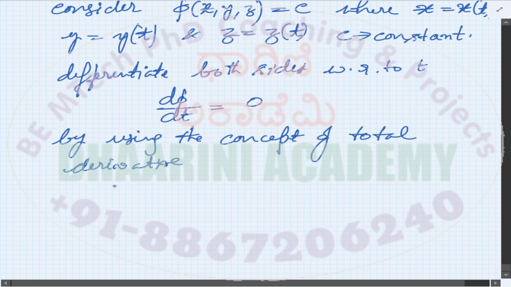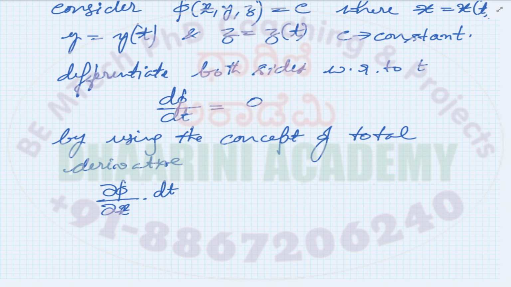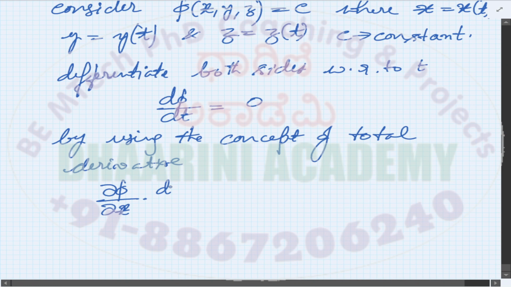First it comes a partial, this is dou phi by dou x. This is just because phi is a function of x, into x could be differentiated, right? For x we can definitely differentiate with respect to time, so that is dx by dt, plus similarly the whole function is made up of y as well, so I can write this is dou phi by dou y into this is dy by dt, total differentiation of the function phi with respect to t in terms of y.